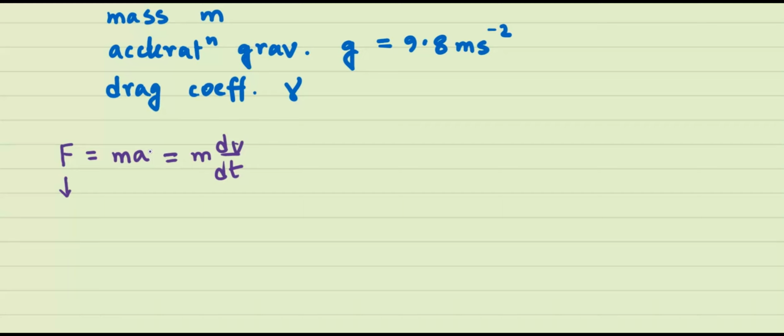So let me draw the diagram which will help us to find out the forces acting on the mass. Here on the right, I'll draw the diagram. So this is the particle of mass m, and it is falling downward, so therefore the acceleration is in the downward direction, and the acceleration due to gravity is also directed downward.